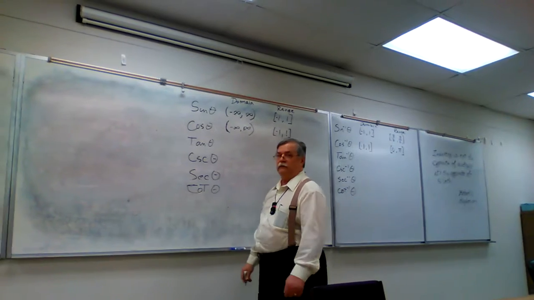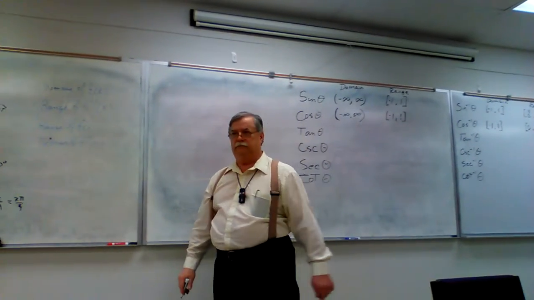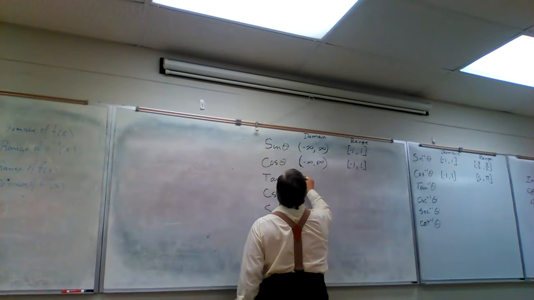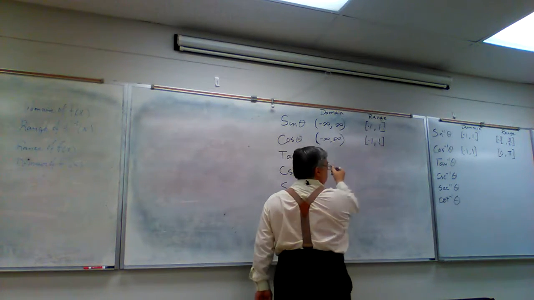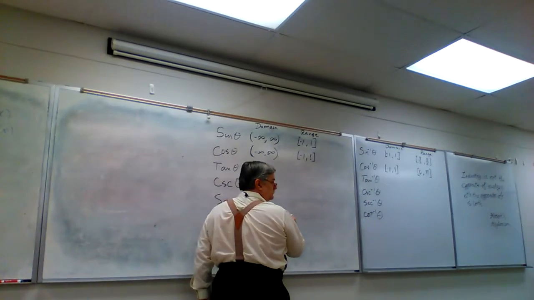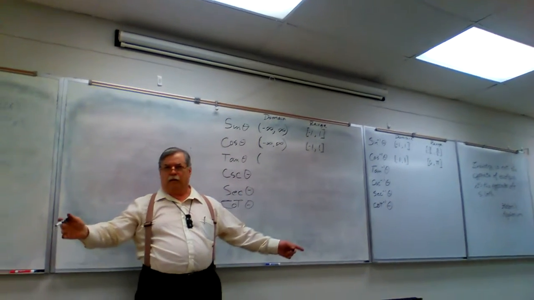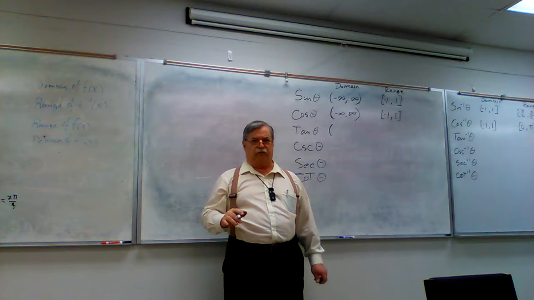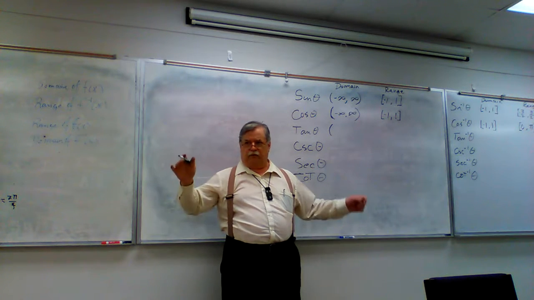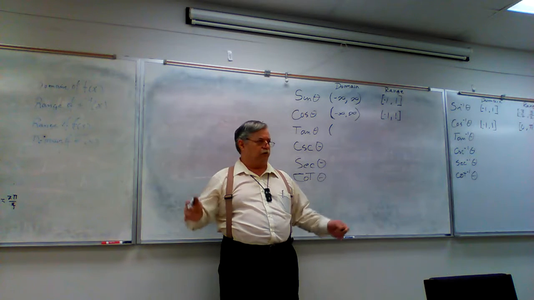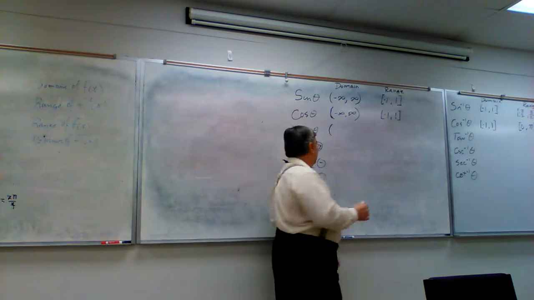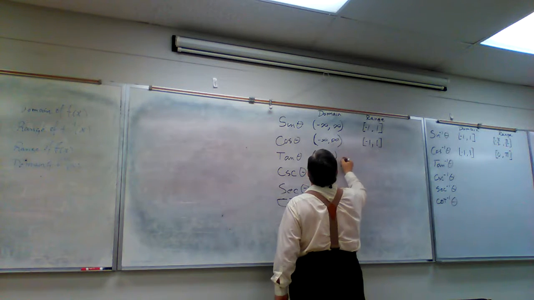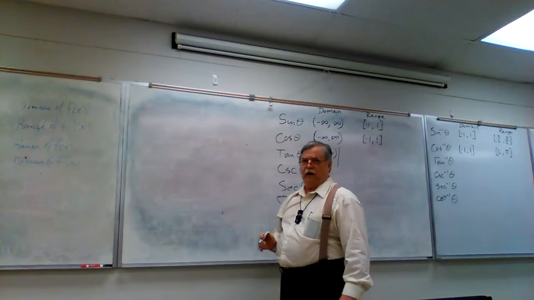All right? Now, this one's going to get a little tricky. What is the domain of the tangent of theta? No, it's going to be restricted too, but for just the original tangent function, the domain is minus infinity to infinity, but with a caveat.